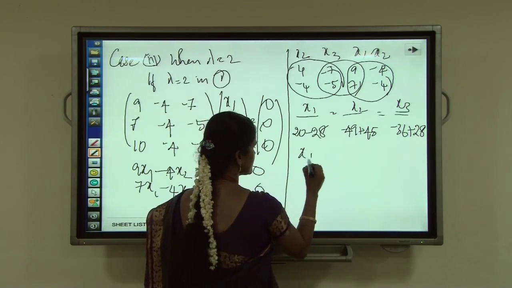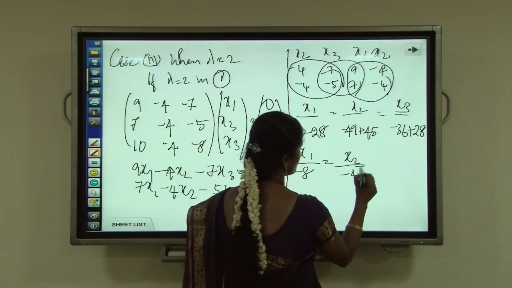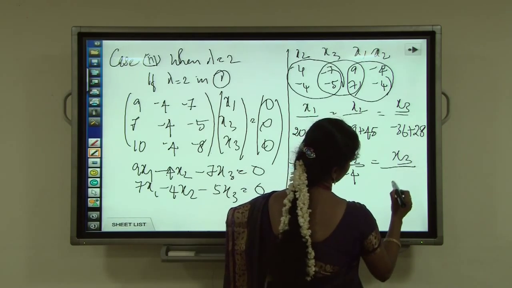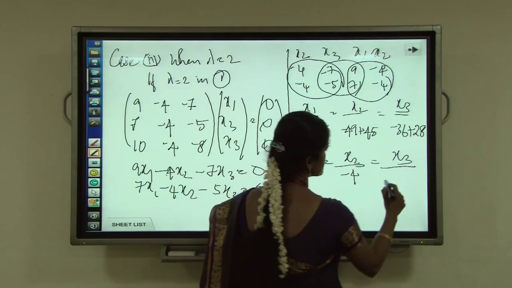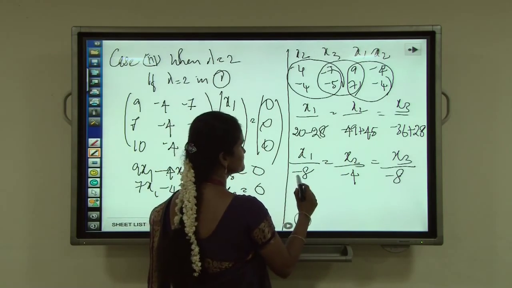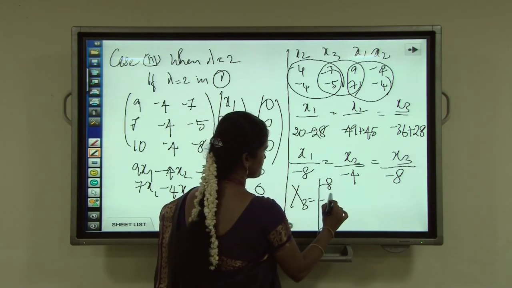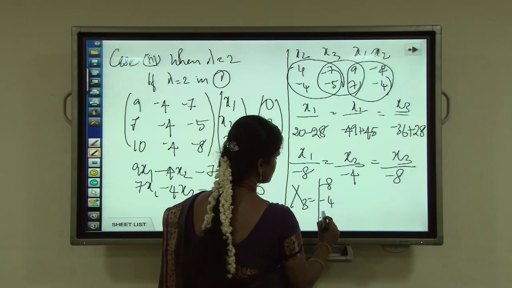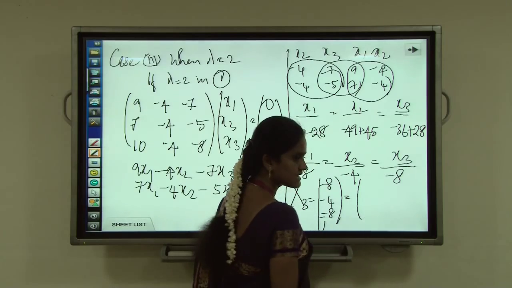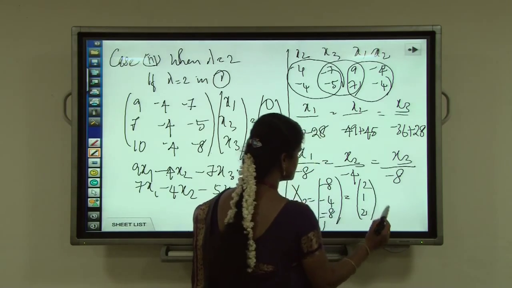So x1 is minus 8, x2 is minus 4, and x3 is minus 8. In that case, you can write your capital X3 as minus 8, minus 4, minus 8, or you can divide throughout by minus 4, you get 2, 1, 2 as the solution.